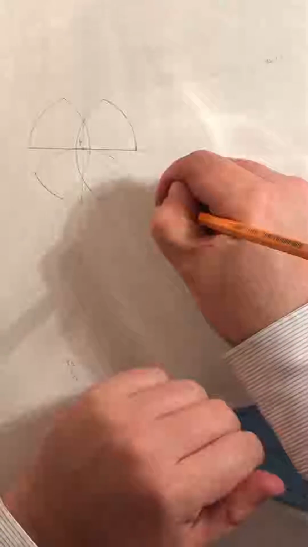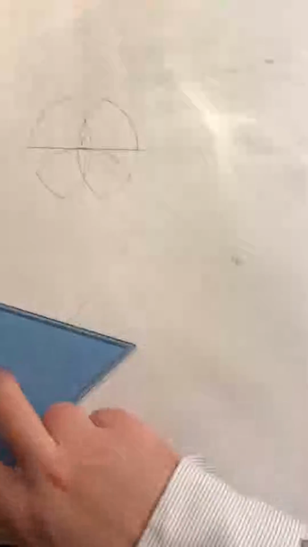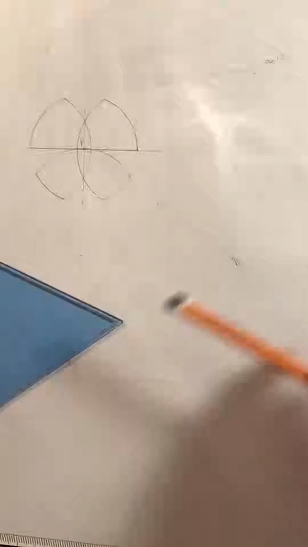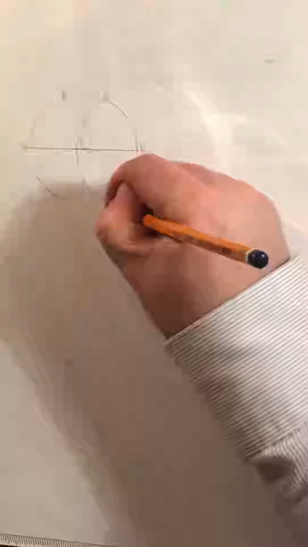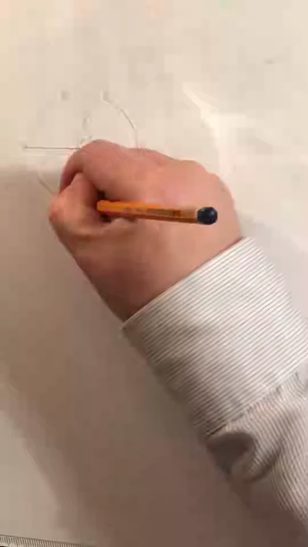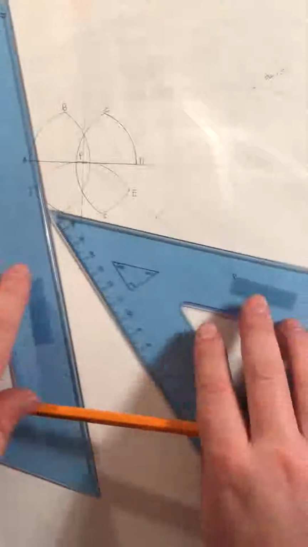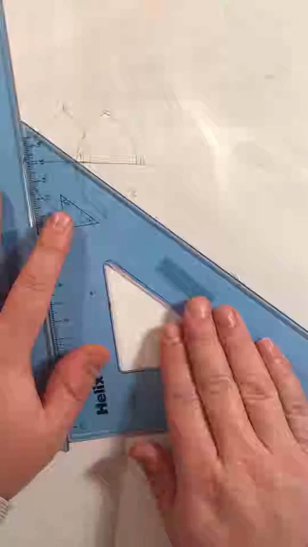Now, this is the point at which there's central symmetry. So I should take the time to label the points A, B, C, D, E, F, G, H, I. Sorry about any camera shaking there. Now we have to do axial symmetry with those points, so I need to move all the points perpendicular to my axis.